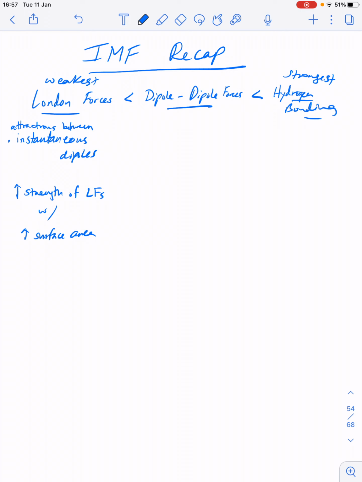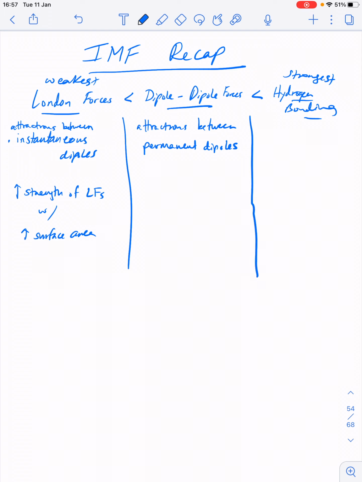Dipole-dipole forces are attractions between permanent dipoles, specifically the opposite charges of the permanent dipoles. Permanent dipoles happen on polar molecules, so these types of forces only occur between polar molecules. London forces happen for all molecules.